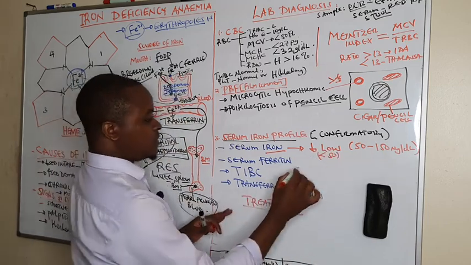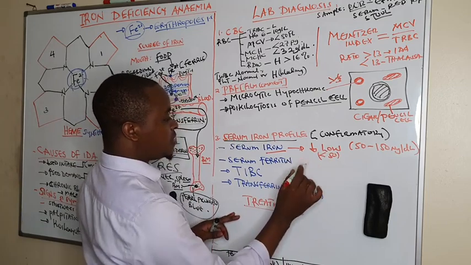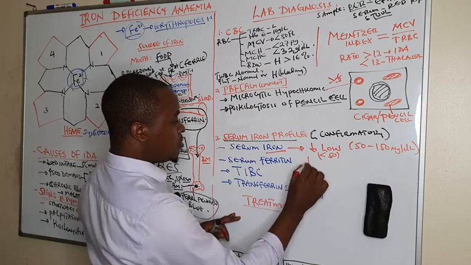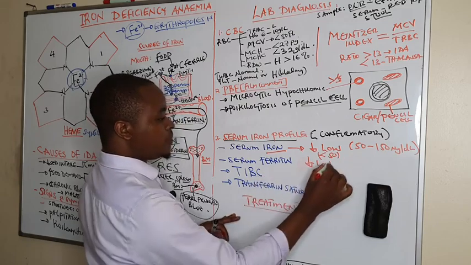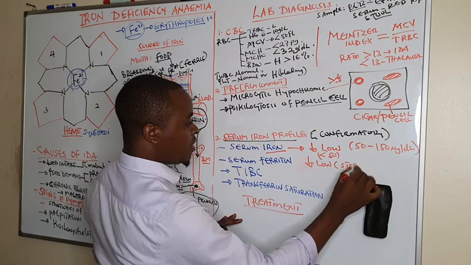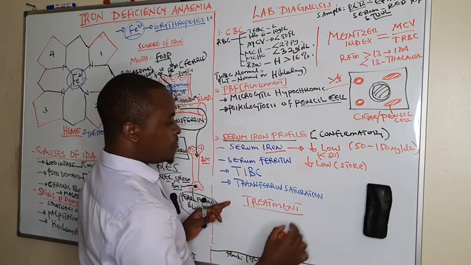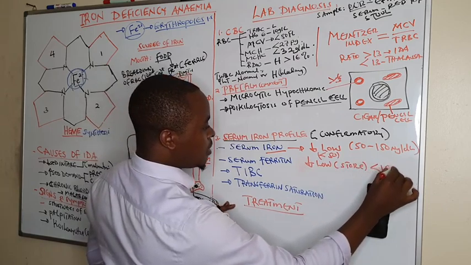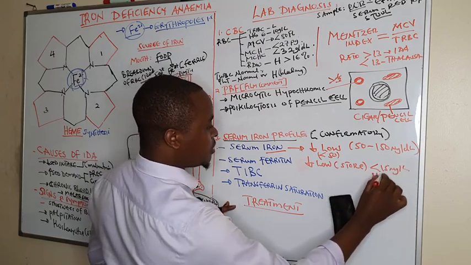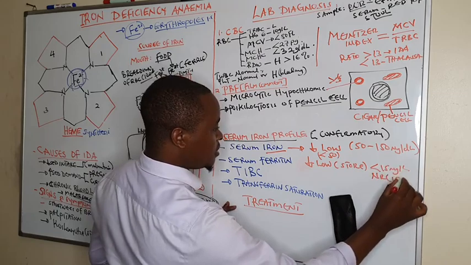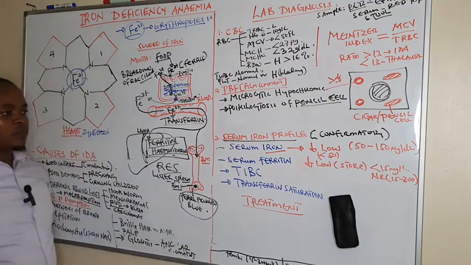Then for ferritin, you will find serum ferritin is also low. And when it is low, this implies that the iron store is depleted. The store of iron is depleted when it is below 15 micrograms per liter. The reference range is between 15 to 300 micrograms per liter.